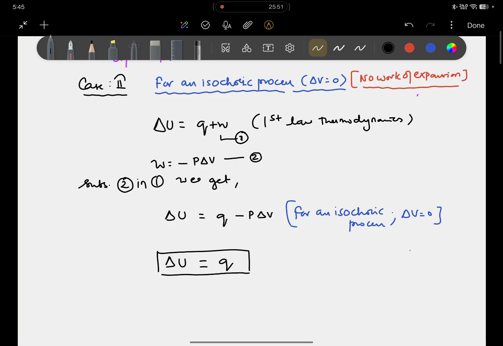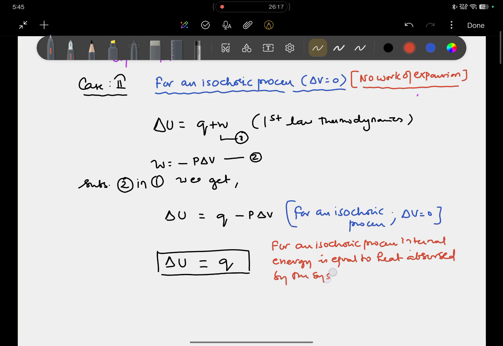So the meaning is, for an isochoric process, internal energy is equal to heat absorbed by the system. Is that clear, ma? Yes. Copy it down, ma.